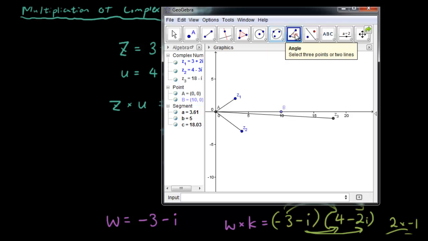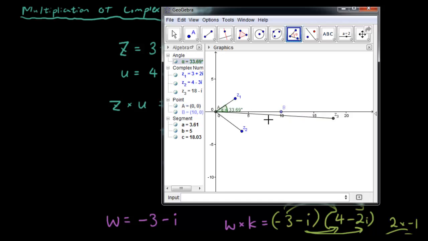So get the angle between B, A, and z1, and the angle is 33.69. So remember the angle that z1 creates with the horizontal is 33.69.